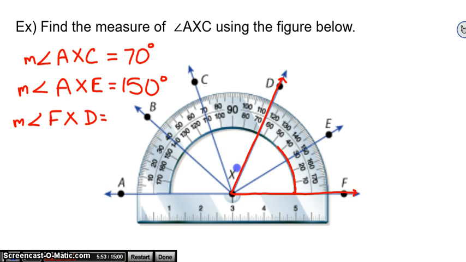If we follow it out from the inside, looking at the inside numbers, it looks like XD passes right through 65 degrees, right here, in between 70 and 60. So the measure of angle FXD is 65 degrees.